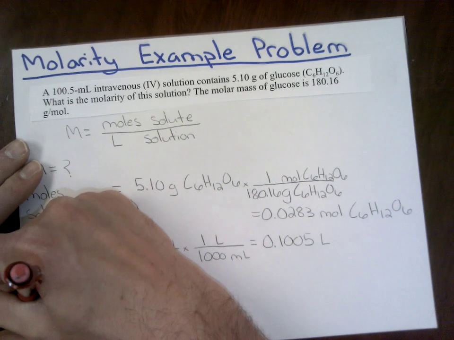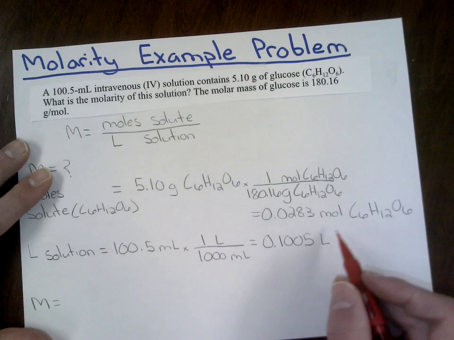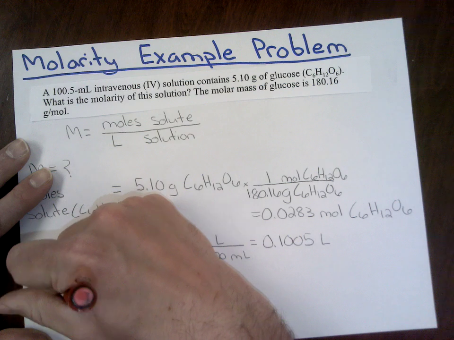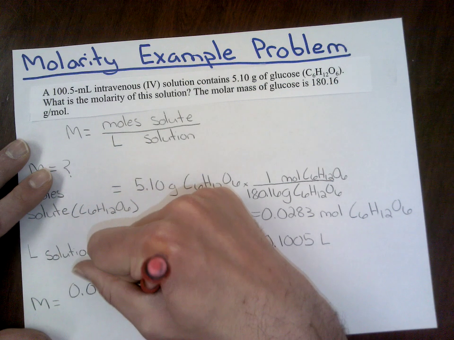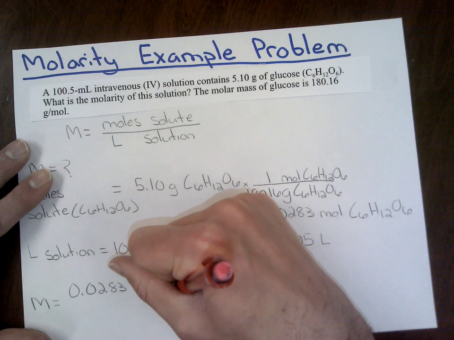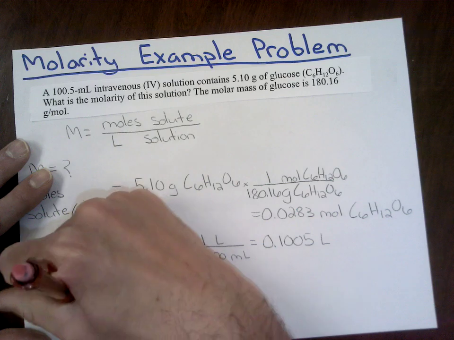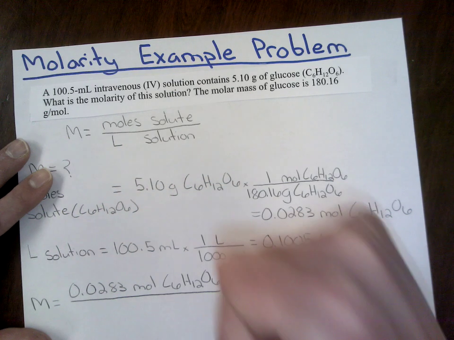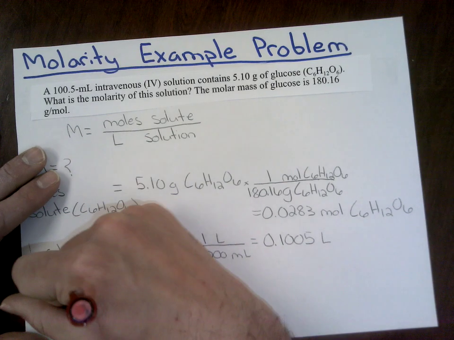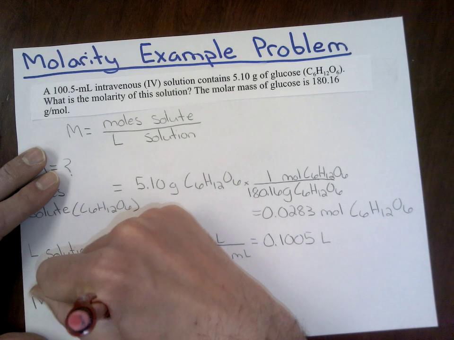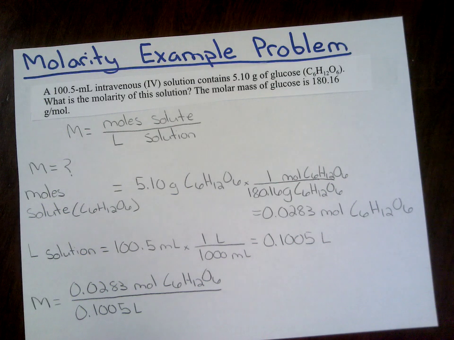All right, so now we have all of the values that we can utilize in this molarity problem. So our M is equal to the number of moles, which we just took the time to calculate to be 0.0283 moles of C6H12O6, all divided by 0.1005 liters of solution. So we plug this into our calculator.